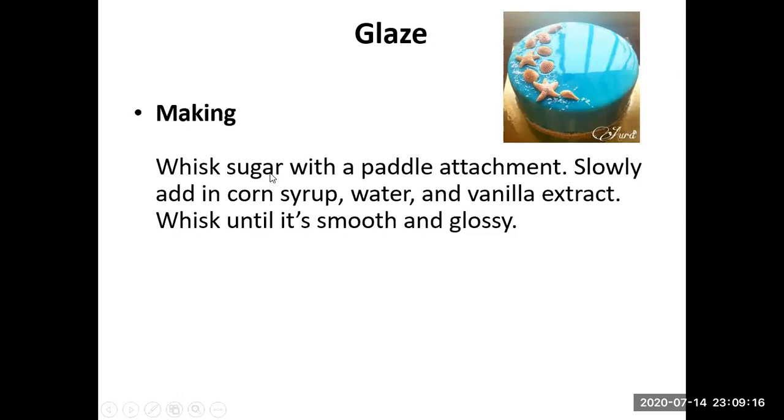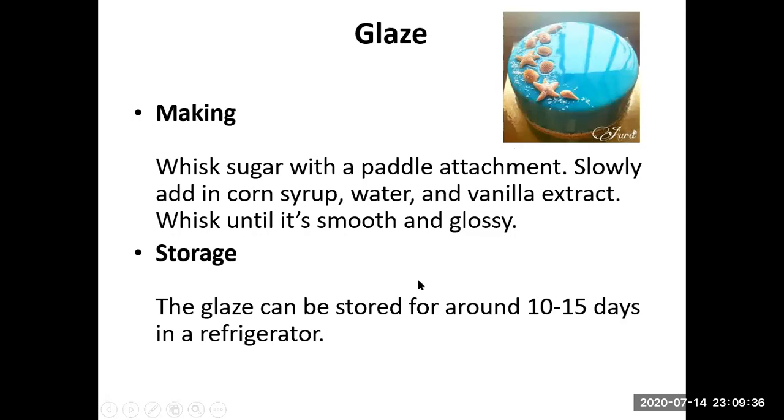That means with sugar, corn syrup, water and vanilla extract. Whenever you add all the materials until glossy or smooth, then that glazy material, or you can say glazy frosting, will be prepared.